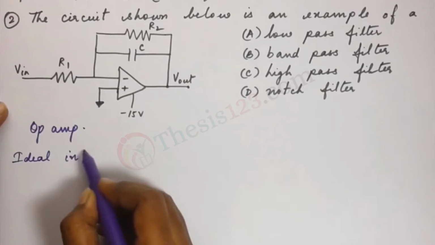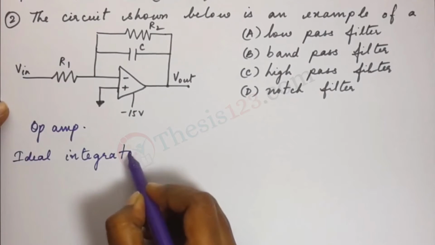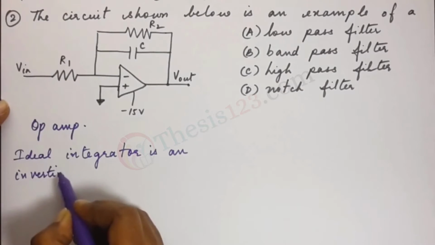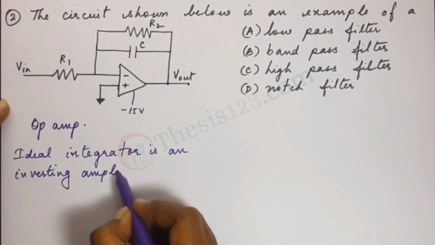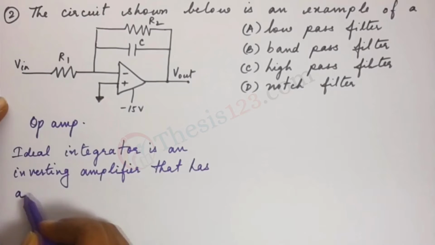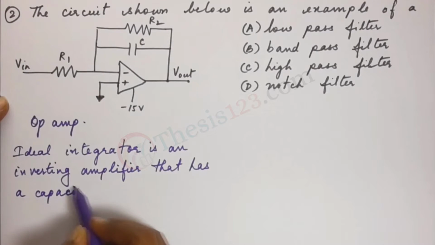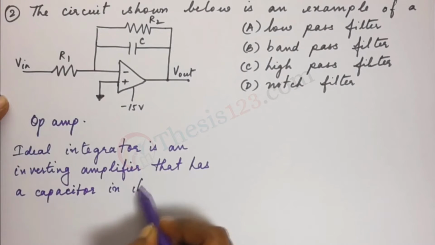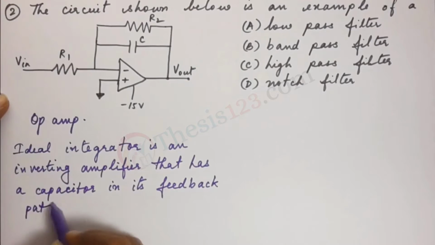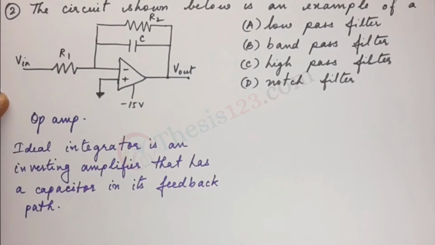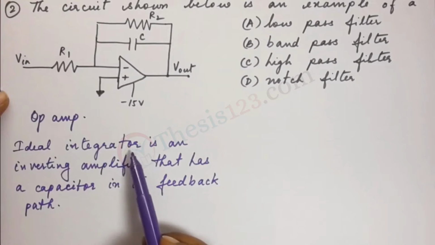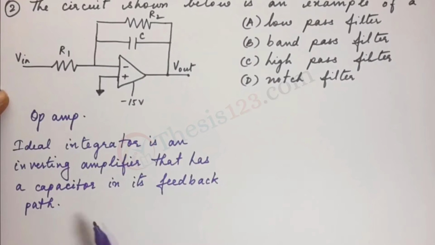Ideal integrator is an inverting amplifier that has a capacitor in its feedback path. Alright, so it is these clues that enable you to find out which type of filter it would be. So an ideal integrator is the one that has a capacitor in its feedback path.